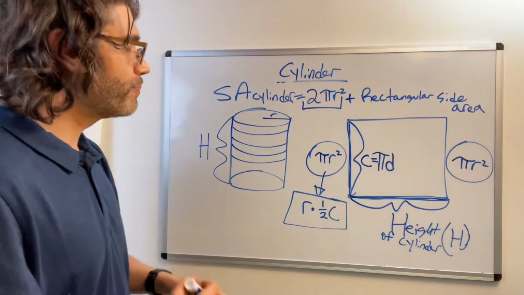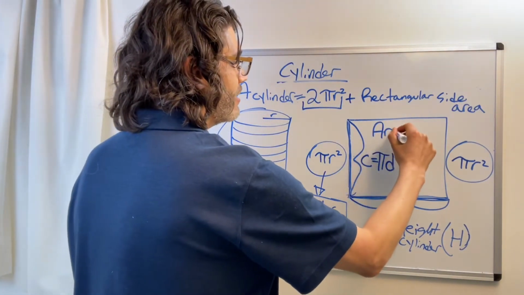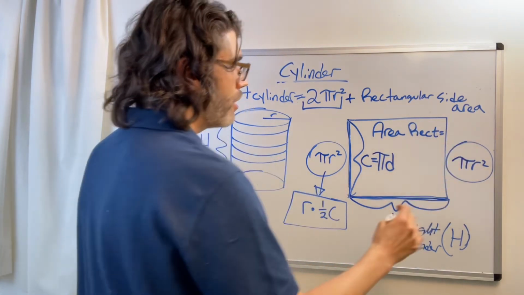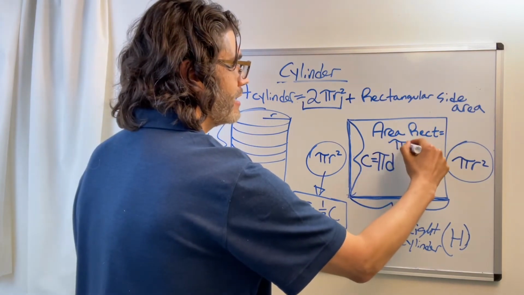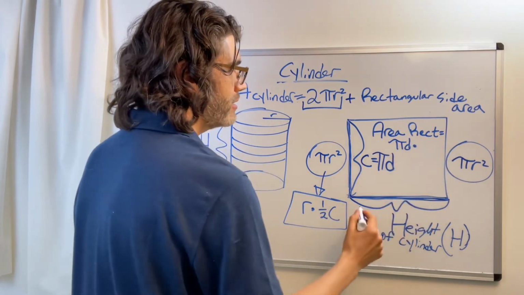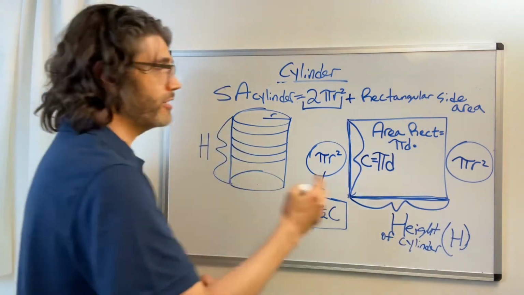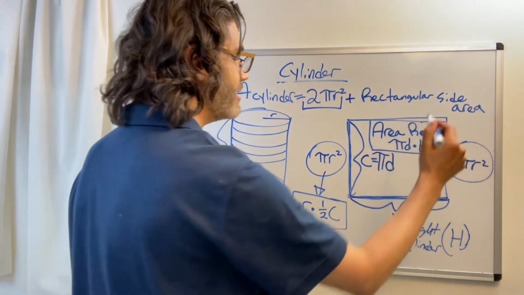Okay, so if you want to find out the area of this rectangle, what would that be? It would be pi d times h, meaning this h specifically. All right, so that's the area of the rectangle.